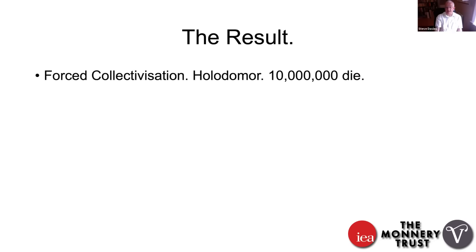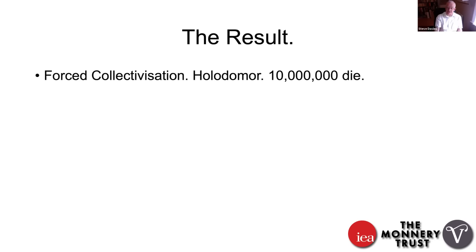Now, what happens as a result of this? Well, of course, as we know, Stalin wins the argument. He allies with the right to exile Trotsky, and then he turns on the right, Bukharin and his allies, and crushes them. And the result, first of all, is forced collectivization of agriculture.